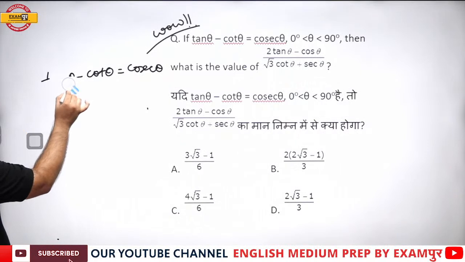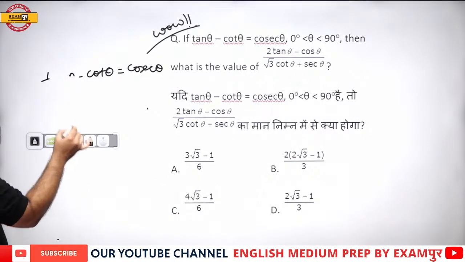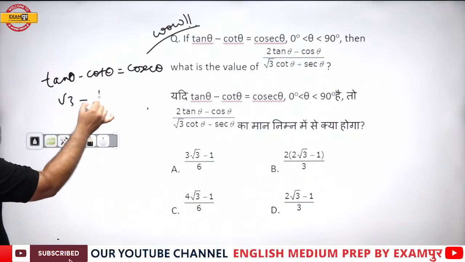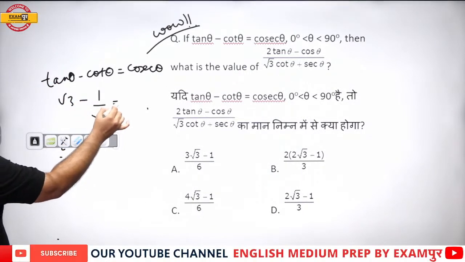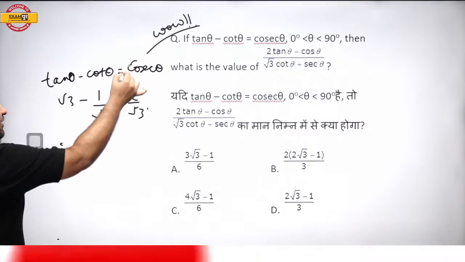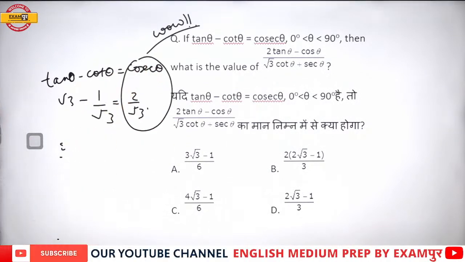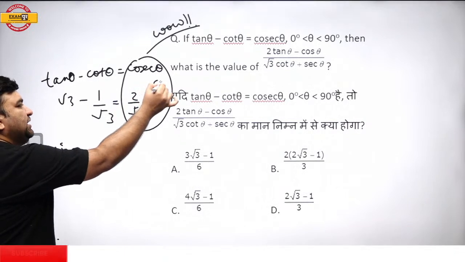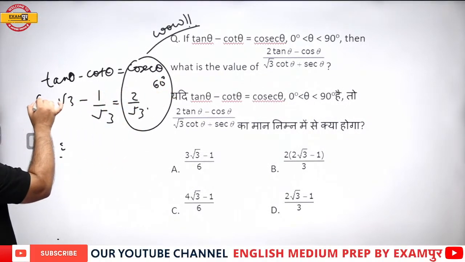Why not take tan theta as root 3 first? So cot will become 1 upon root 3, and it will give 3 minus 1, 2 by root 3. Is it the value of cosec theta? Yes. This happens at 60 degrees, and these are also the values of 60 degrees.